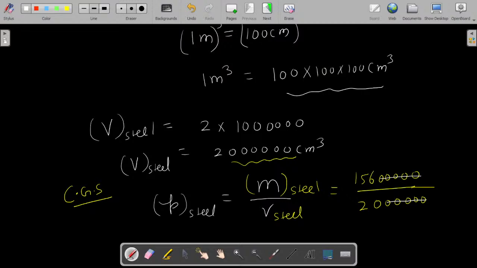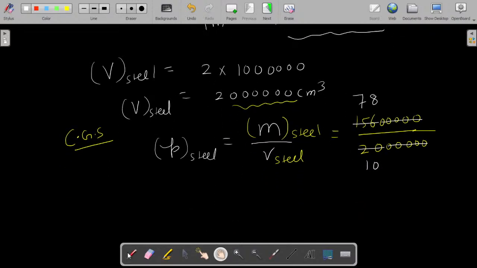Okay. So again 2 tens are 20, 2 sevens are 14, 2 eights are 16. So don't divide again. You will simply get density of steel as 78 upon 10. There is 1 zero in denominator.